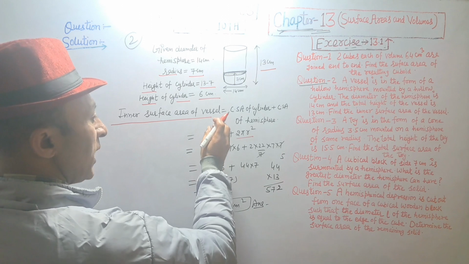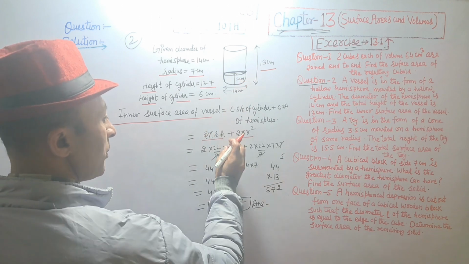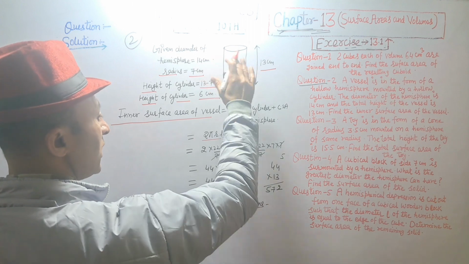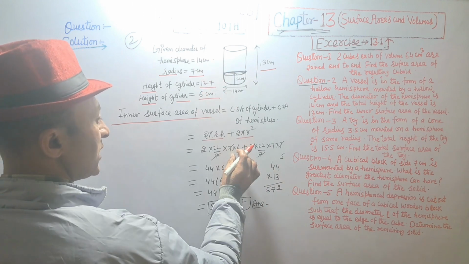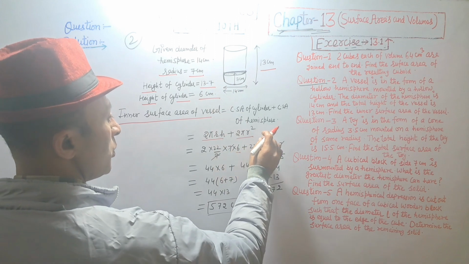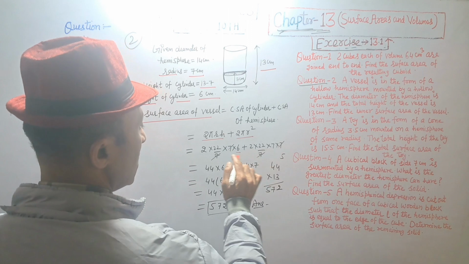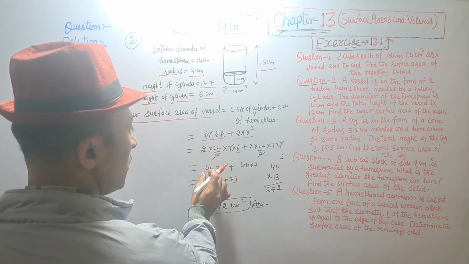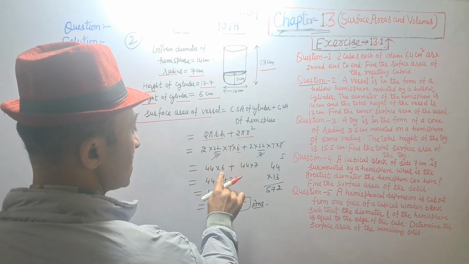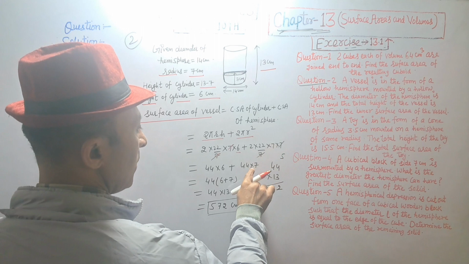2 into pi is 22 upon 7, radius is same 7, and height of cylinder is 13 minus 7 that is 6, plus 2 into pi is 22 upon 7 and radius is 7 into 7. The 7s are cancelled, we get 2 into 22 that is 44. 44 multiplied by 6 plus 44 multiplied by 7.